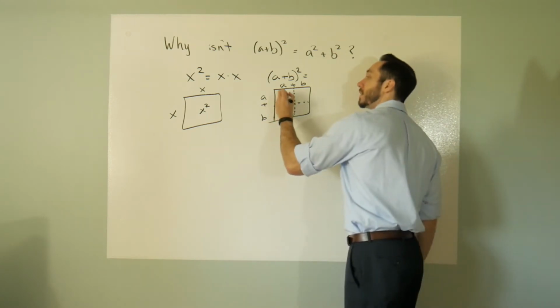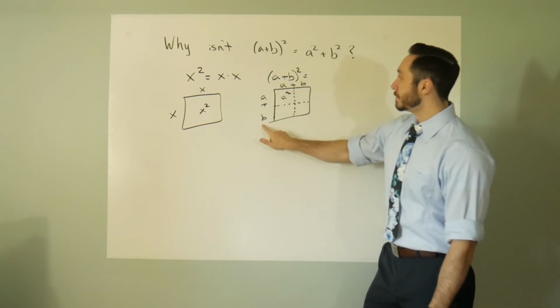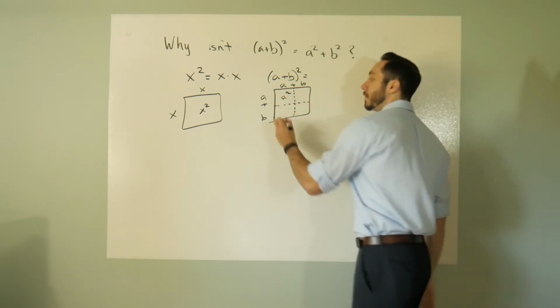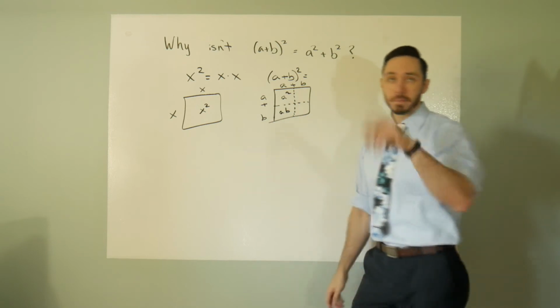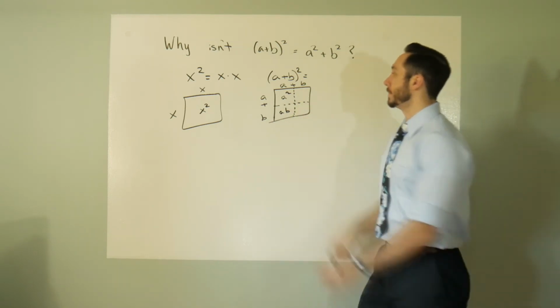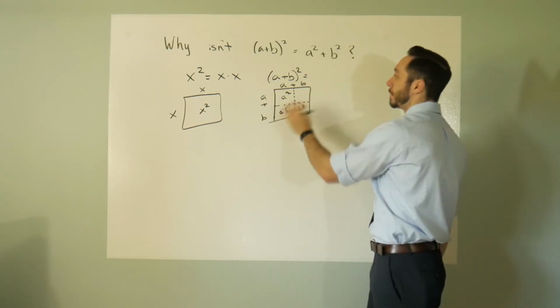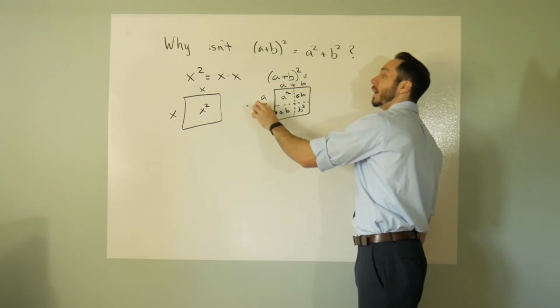This is a squared. Looking at this bottom left box, I have this b times this a, so this little area will be ab. A times b is ab. I have this bottom right box, this little b times this little b, it's going to be b squared, just like how it was over there. And then top right, I have ab again, a times b.